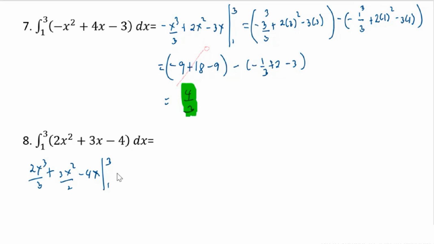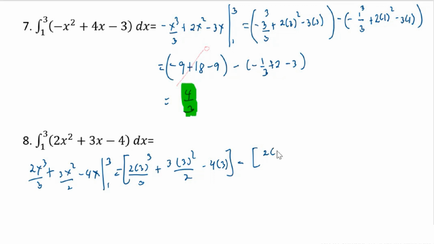So let us substitute. We have 2 times 3 cubed over 3 plus 3 times 3 squared over 2 minus 4 times 3. So this is our F(b) minus the F(a). We replace x by 1.